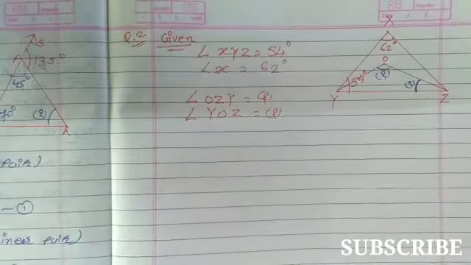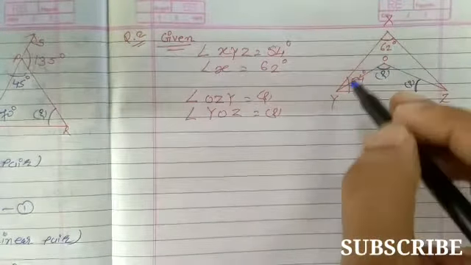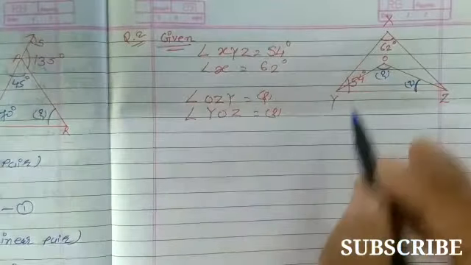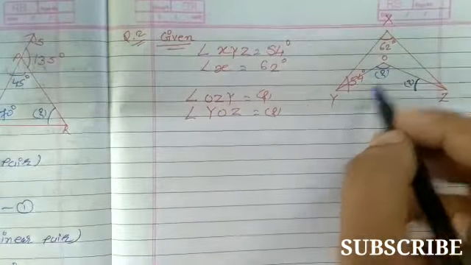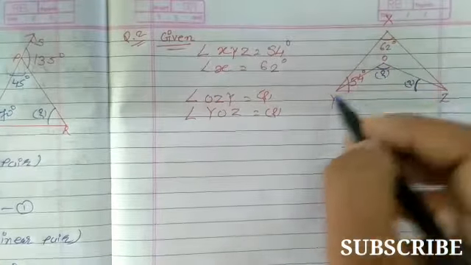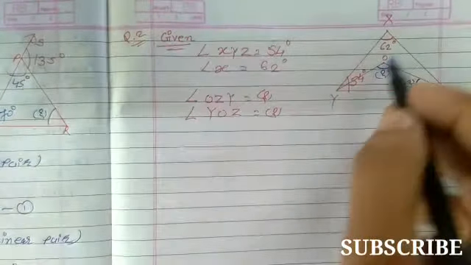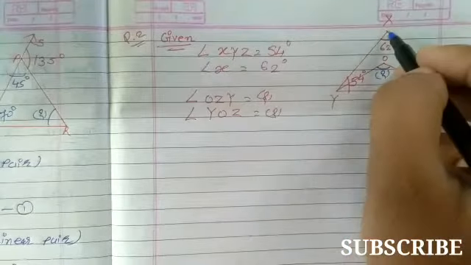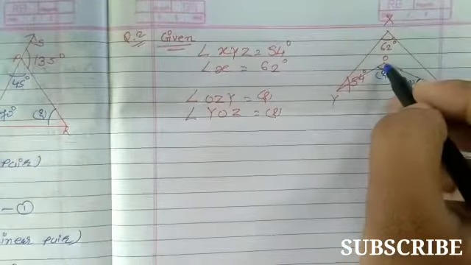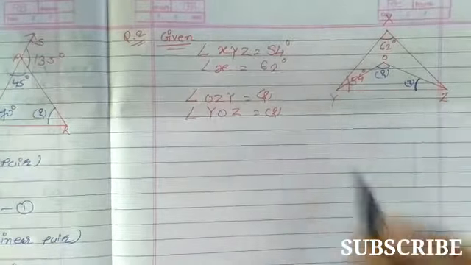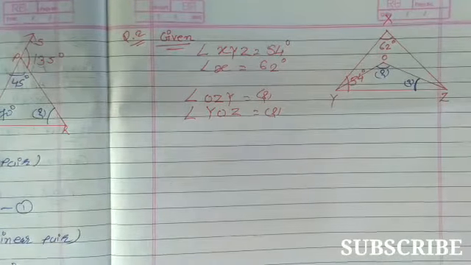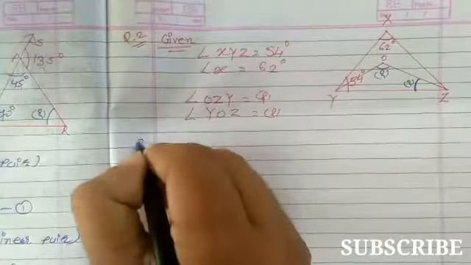What do we mean by bisector? Bisector means two equal parts. Suppose OY is a bisector of angle XYZ. That means XYO plus OYZ is equal to 54 degrees.